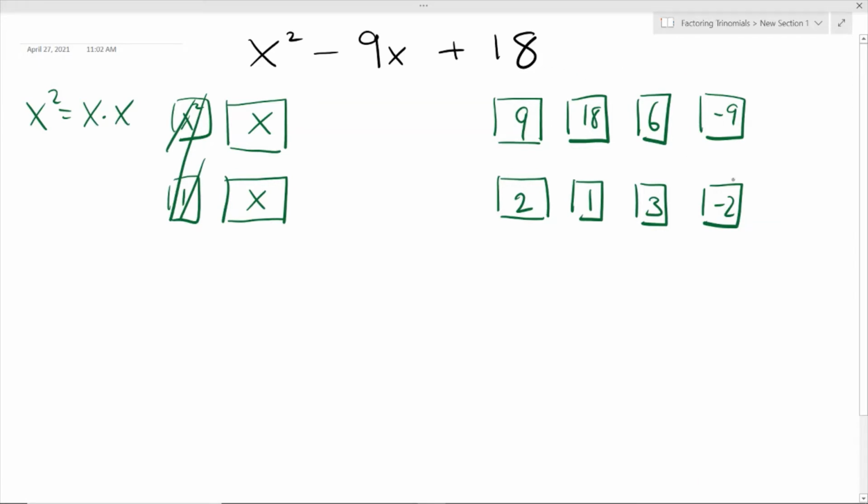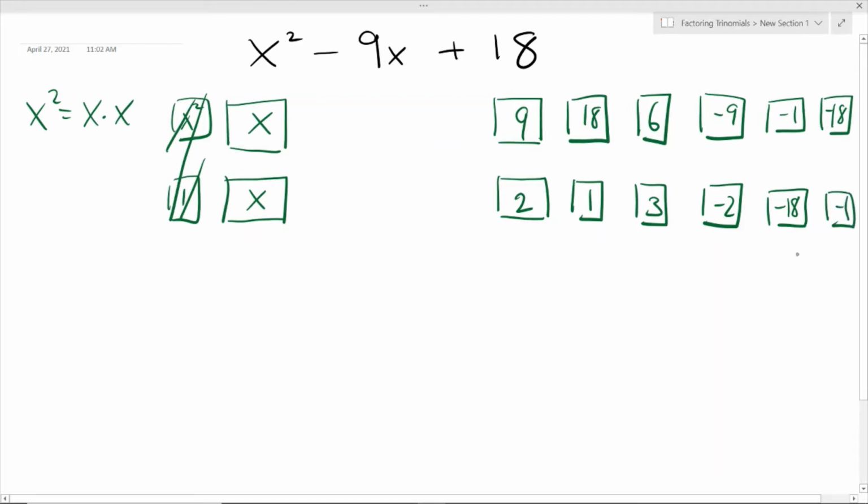Two negatives make a positive. That's another option. There are so many options, like negative 1 and negative 18. You can even rewrite it like this, negative 18 on top and negative 1.